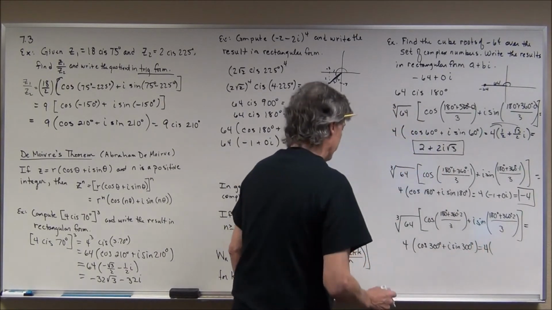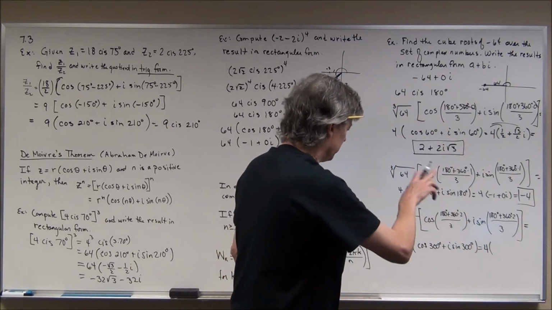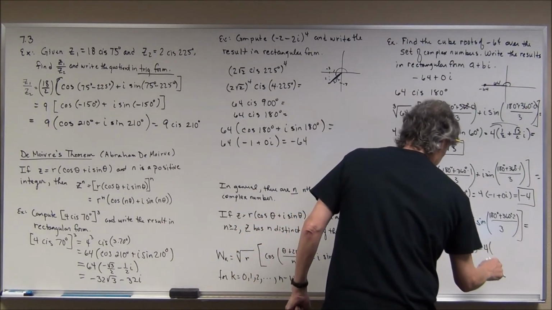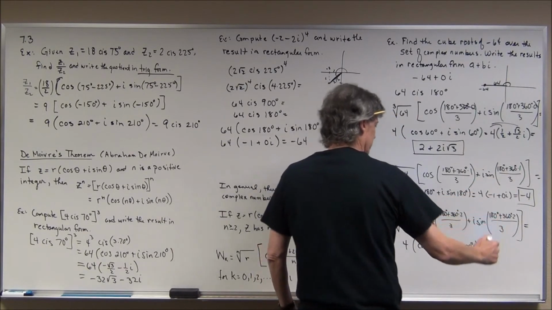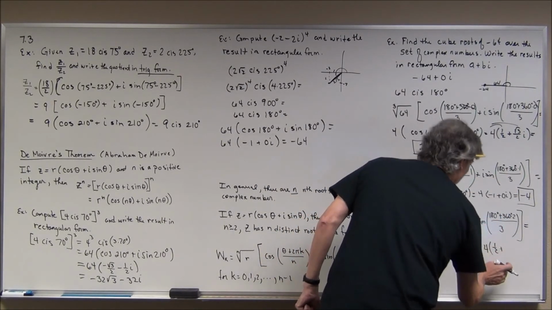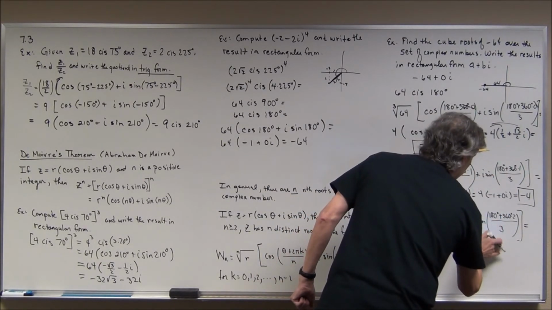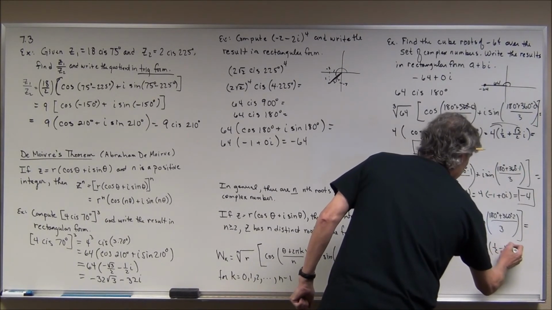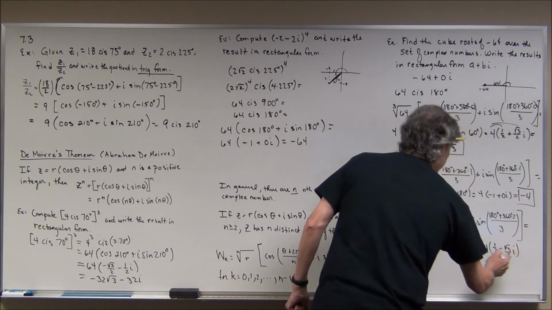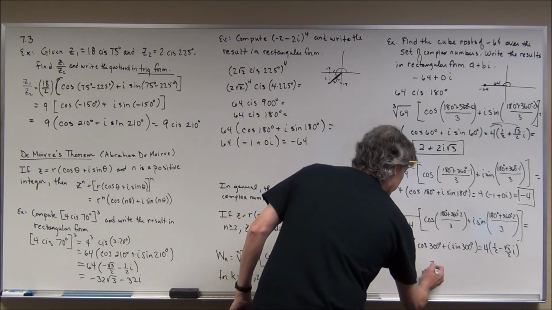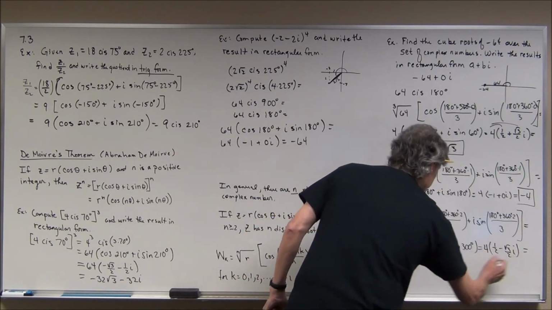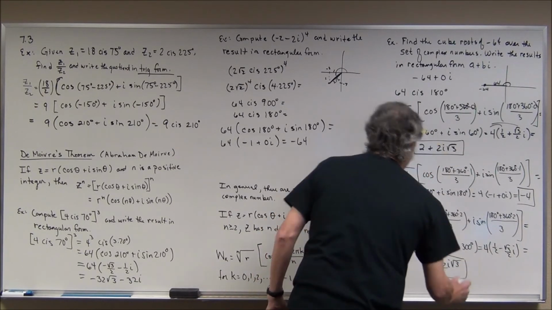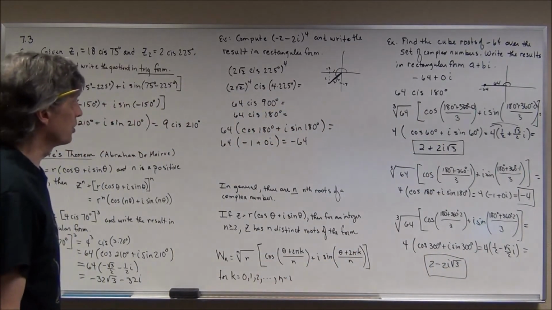The cosine of 300 degrees is 1/2. The sine of 300 degrees is negative square root of 3 over 2. Oops, negative, so let's make that a minus. Then I distribute through by the 4, and I'm going to get 2 minus 2i square roots of 3. And there is my third cube root.